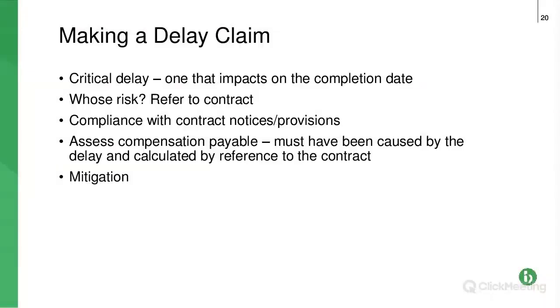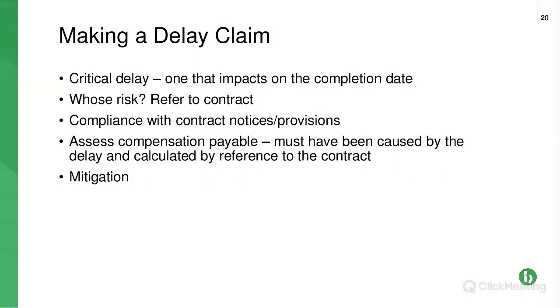So we need to show that the variation work caused critical delay, so it genuinely impacted on the completion date and extended it. We need to look at whose risk it is, so refer to the contract.